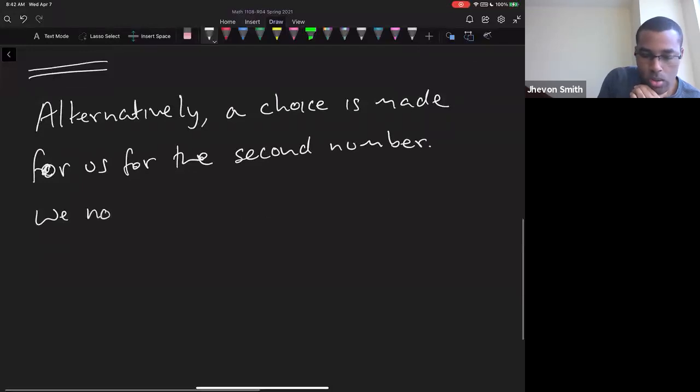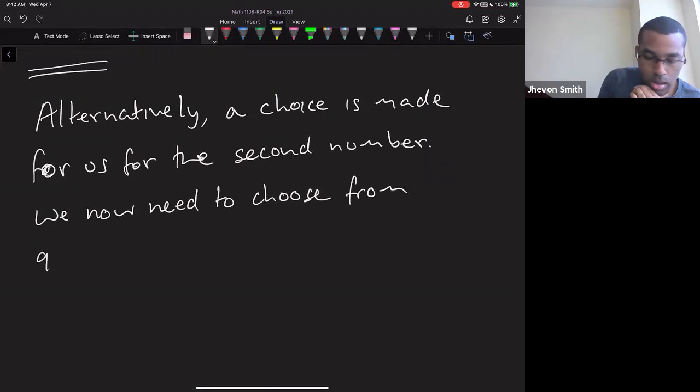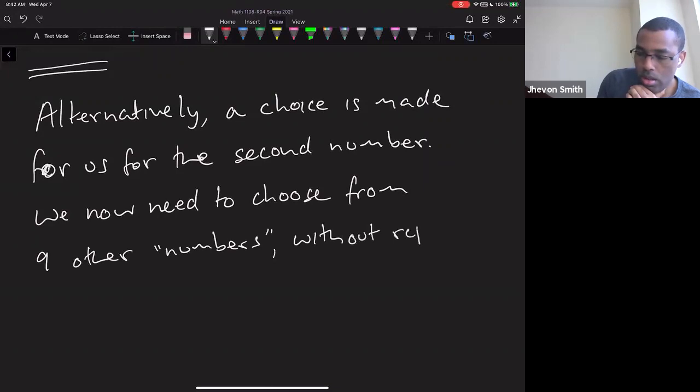We now need to choose from 9 other numbers without replacement. Another way to say that means no repetition.